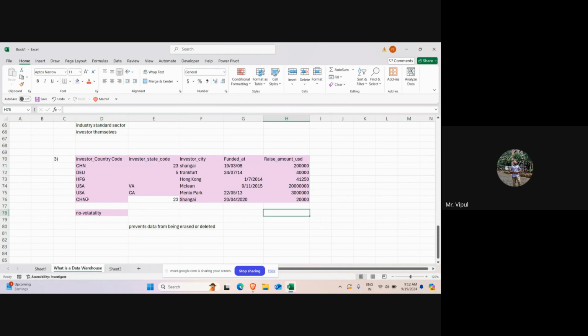We have to add another row. So there can be the same investor, but data should not be edited.